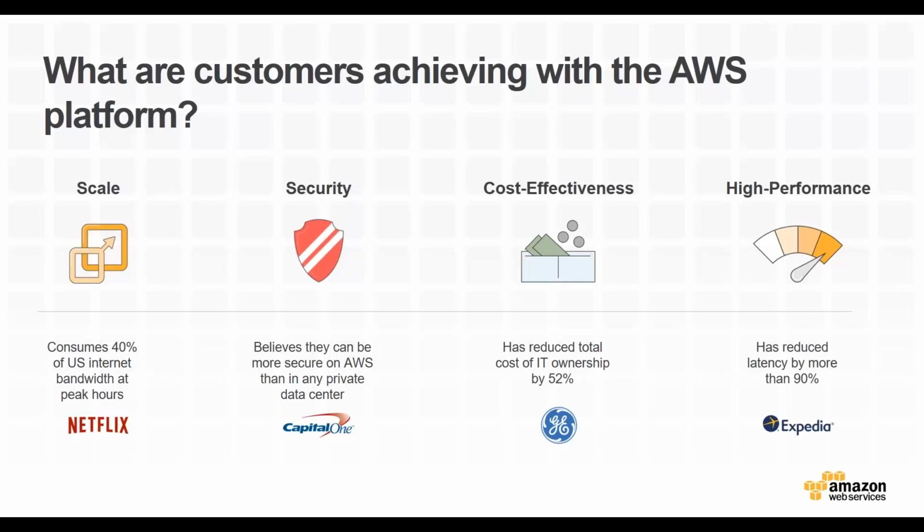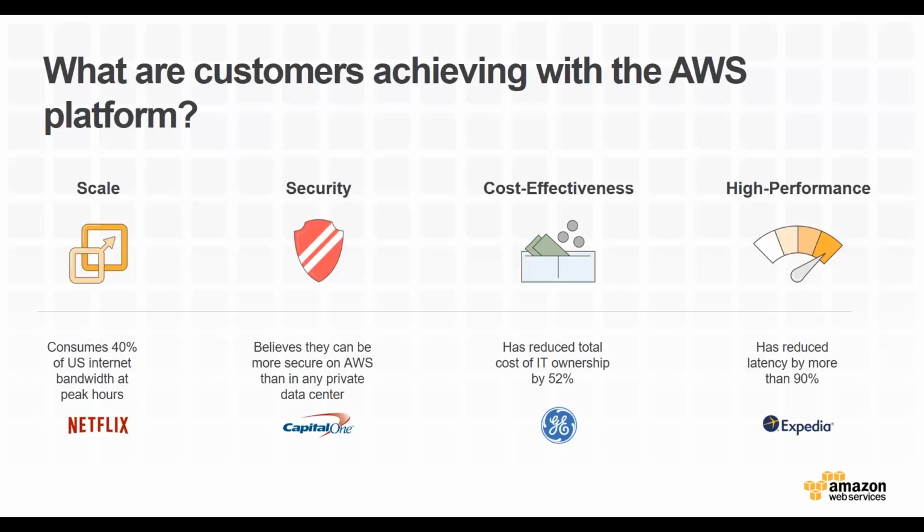According to Expedia, latency was their biggest issue. Using AWS's multi-region approach, they were able to decrease average network latency from 700 milliseconds to less than 50 milliseconds. So customers like Hansen, who are adopting AWS, are able to scale quickly, be more secure, save costs, and improve performance.